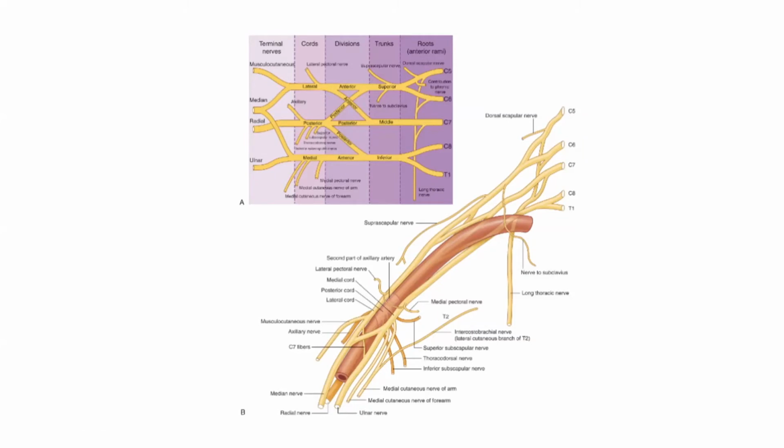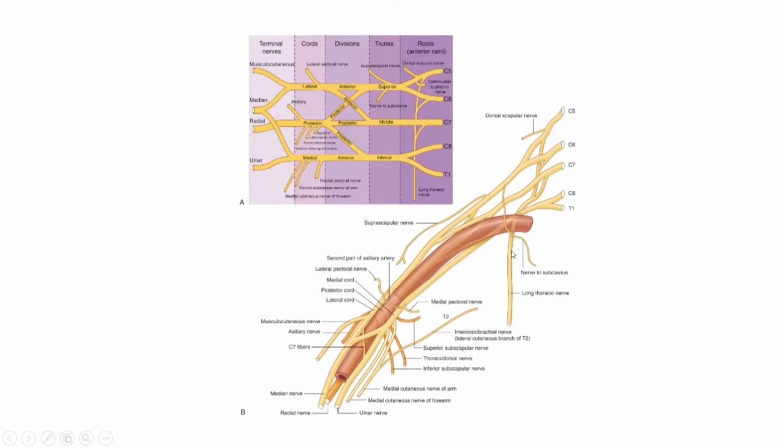And of course, they also have some autonomic postganglionic sympathetic fibers, and some sensitive fibers for proprioception, the proprioceptive receptors at the locomotor apparatus.